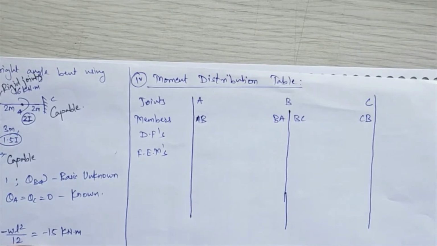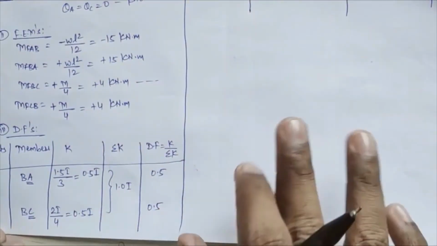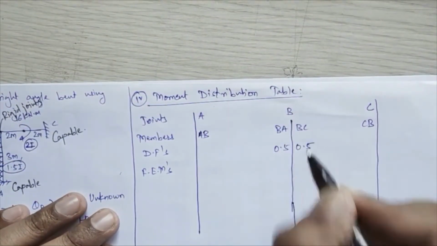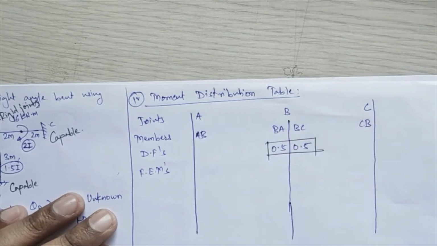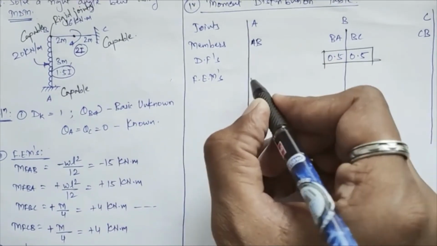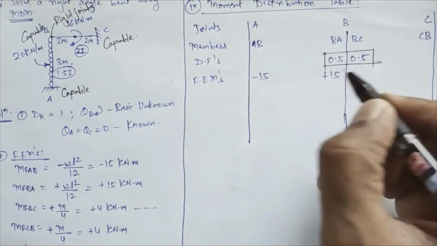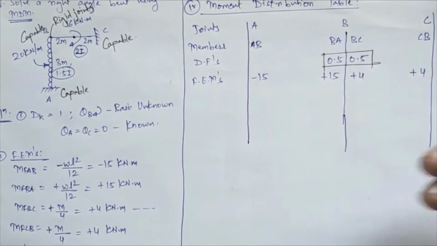Now the distribution factors that I have calculated for BA and BC are 0.5 and 0.5, so I'll write those over here. Now the fixed end moments that we have calculated: for AB I am having minus 15, for BA I am having plus 15, and for BC and CB I am having both moments as positive 4.